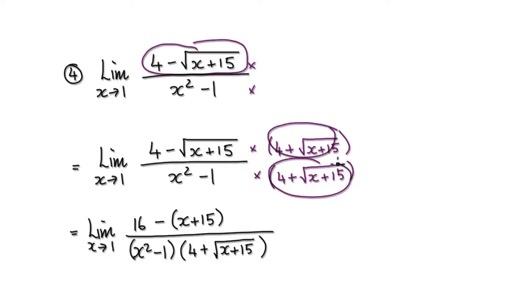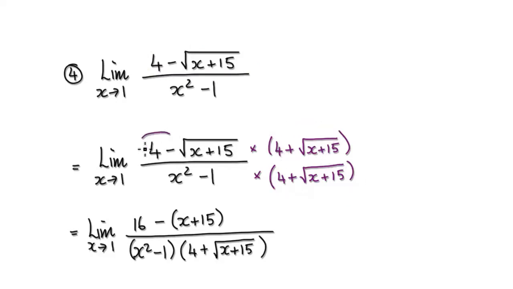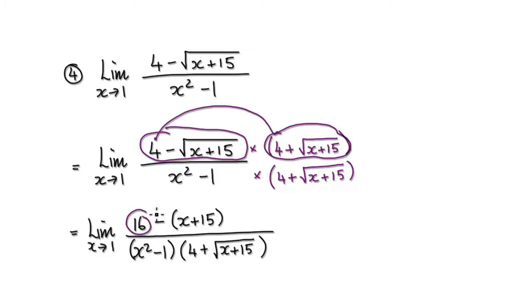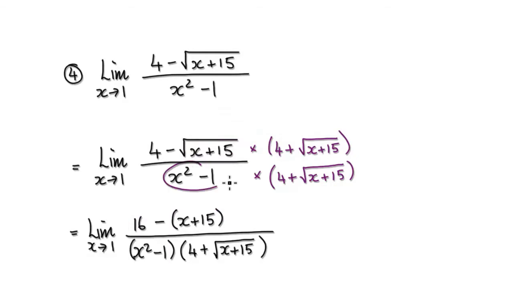So now when you look at the numerator, this thing times this thing will become something very simple. It will become, well, 4 times 4, 16, and then this thing times this thing will become a negative this thing here. And then for the denominator, leave this as it is, and leave this as it is.